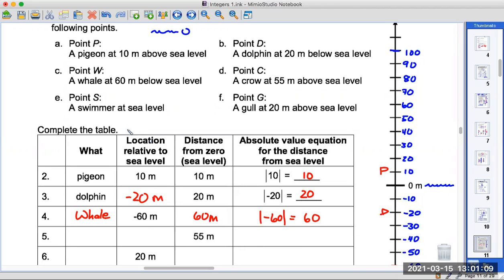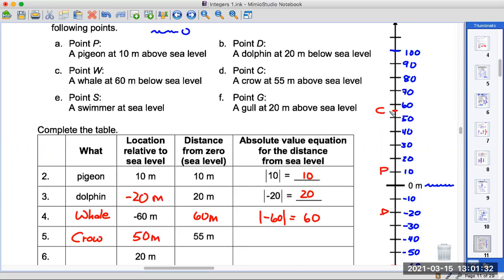So 55 meters, what animal is that? A crow, up above, right? So right here is the crow, 55 meters above sea level. Is it a positive number or a negative number? Positive. It's above, right?